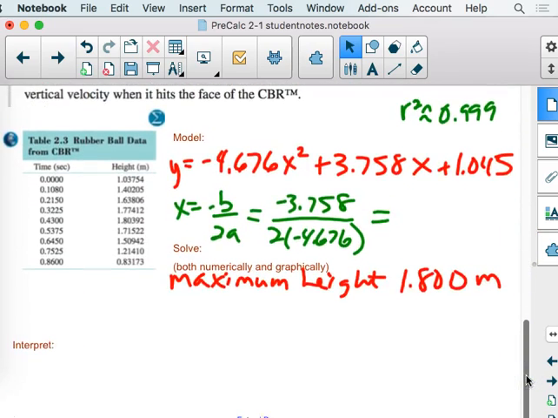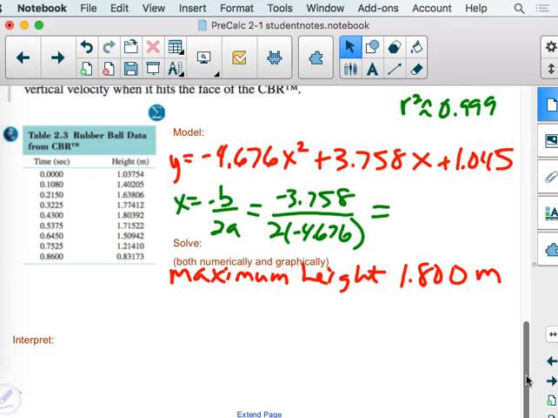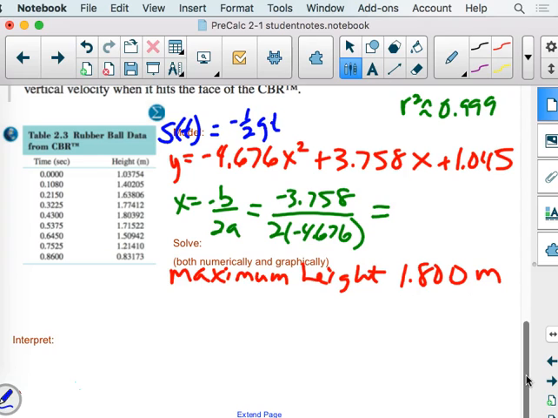So what we want to do is write above or below what we have, what I have in the red up there, the formula which was s of t equals negative 1/2 g t squared plus v sub naught t plus s sub naught.